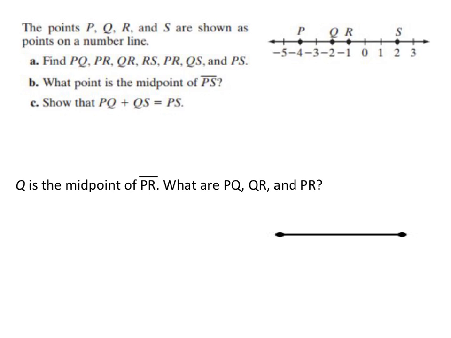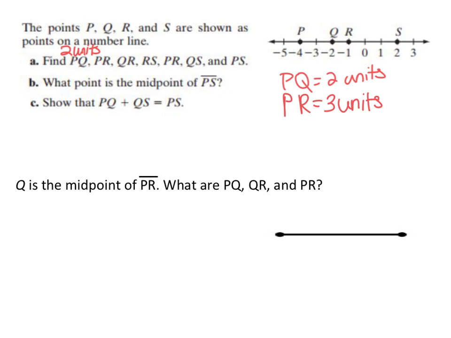First, looking at PQ, we can see here from -4 it goes up 1, 2. So PQ is 2 units. We can say PQ equals 2 units. PR, 1, 2, 3. So PR is 3 units.